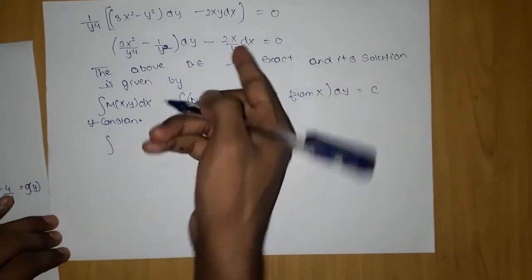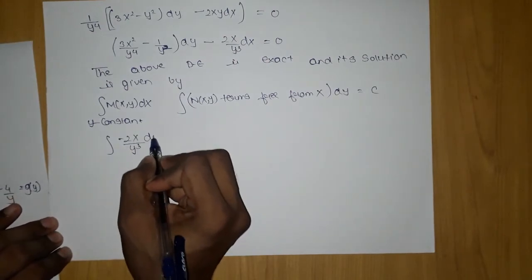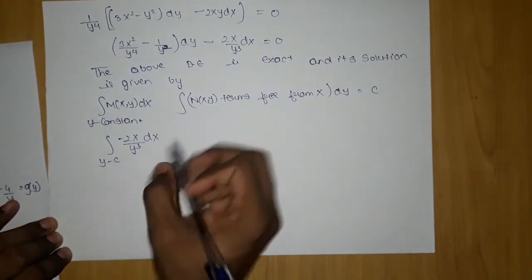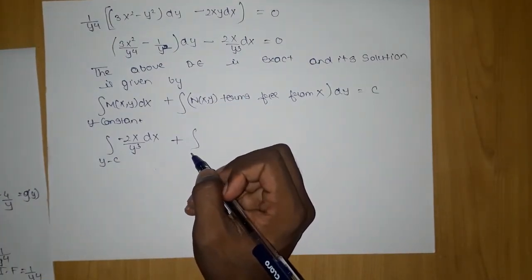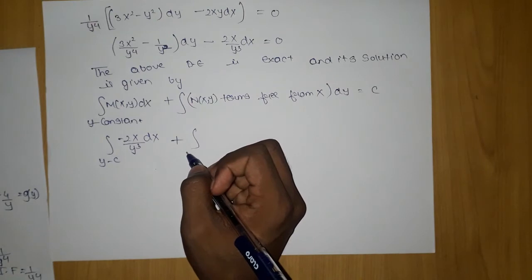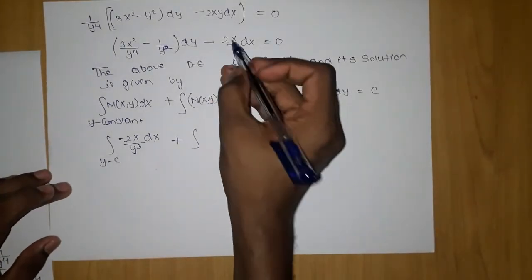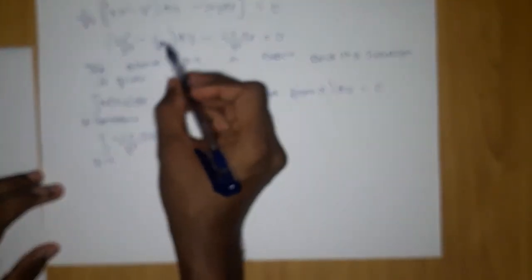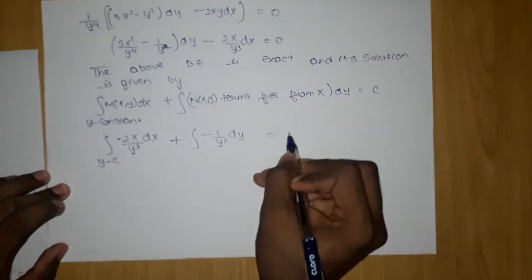The moment you substitute the values, this is your dx, minus 2x by y³ dx, y constant, plus integral. Just try to get the terms which are free from x. What are the terms which are free from x? You can see only one term which is free from x, this one. So minus 1 by y² dy should be equal to constant.